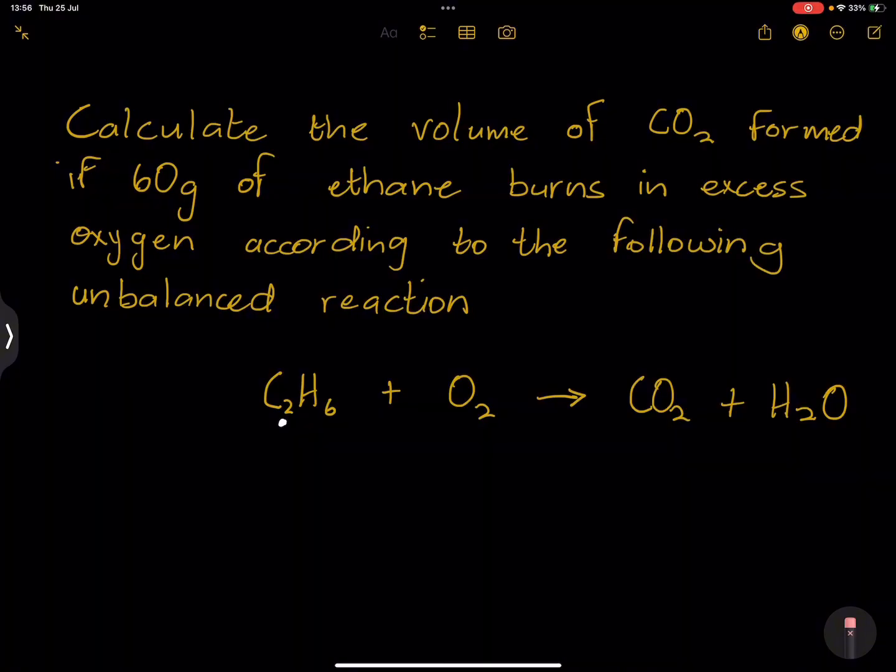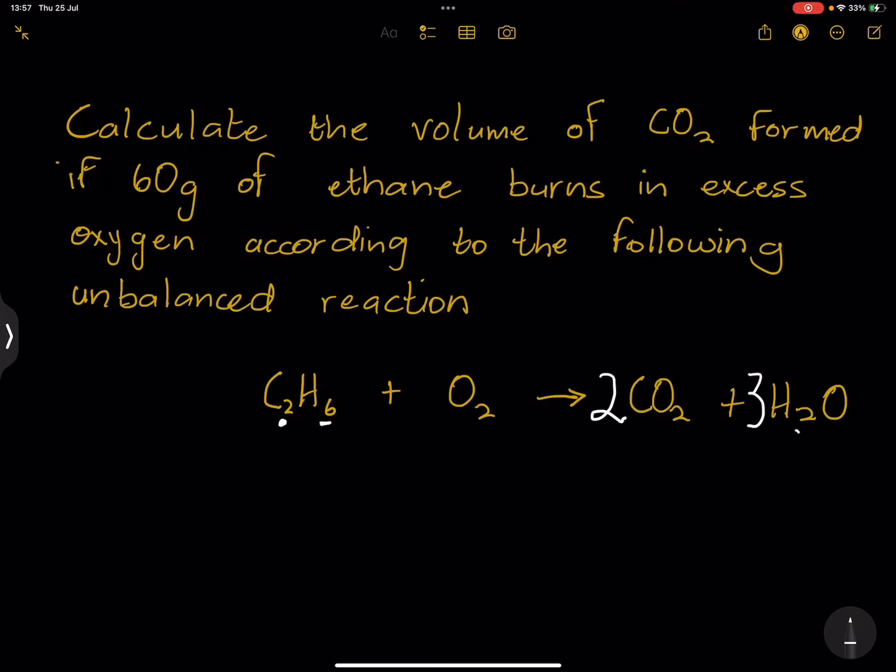Remember, when we balance, we put the coefficient. So I will put 2 there to make sure that we've got 2 moles. Now we've got 6 hydrogen atoms. On the right, we've got only 2. How can we make that 6? We multiply by 3.